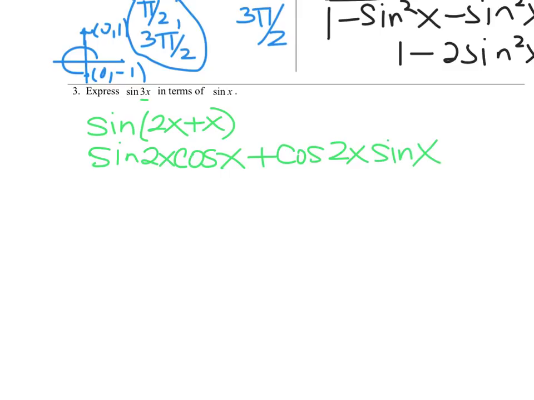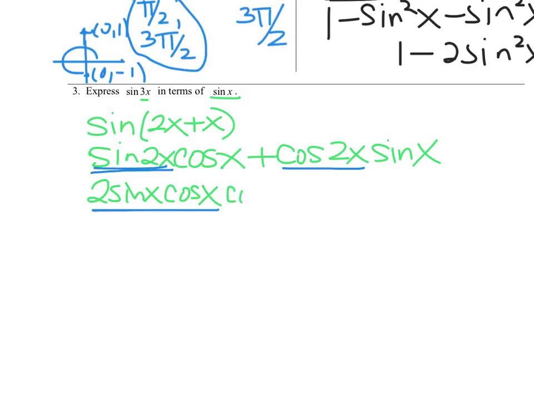Now, I need it just in terms of sine x. So the sine of 2x is 2 sine x cosine x. That's all I did, just replace this with this, and I still have a times cosine x next to it.